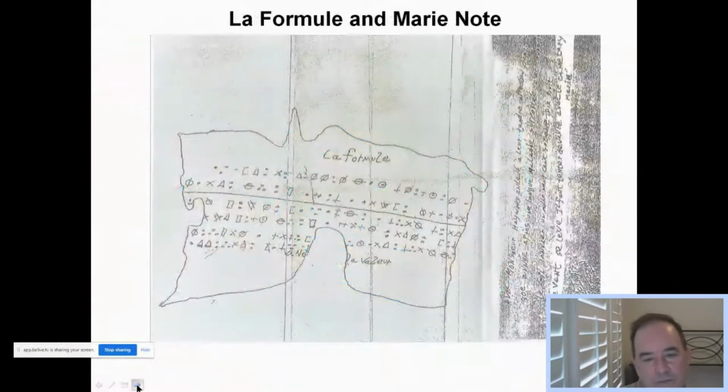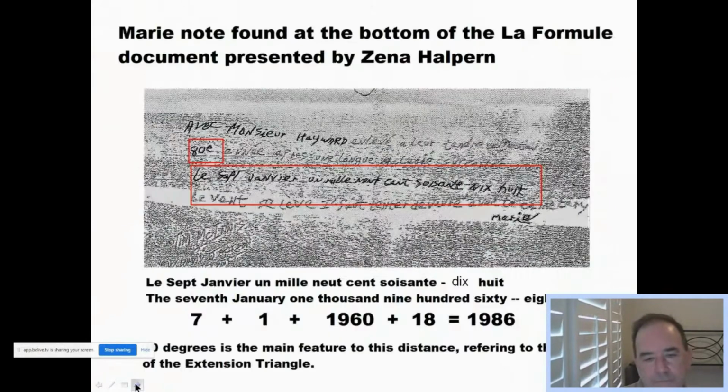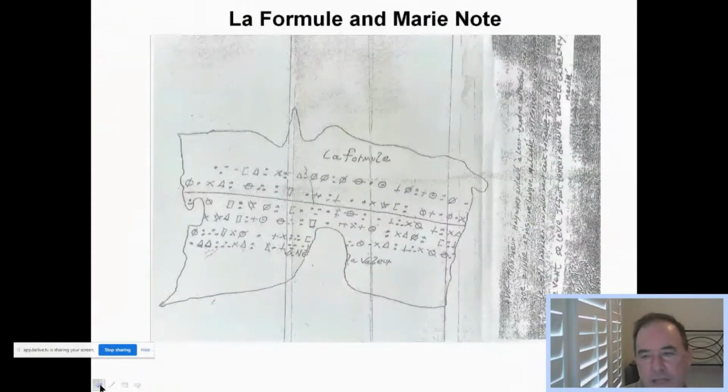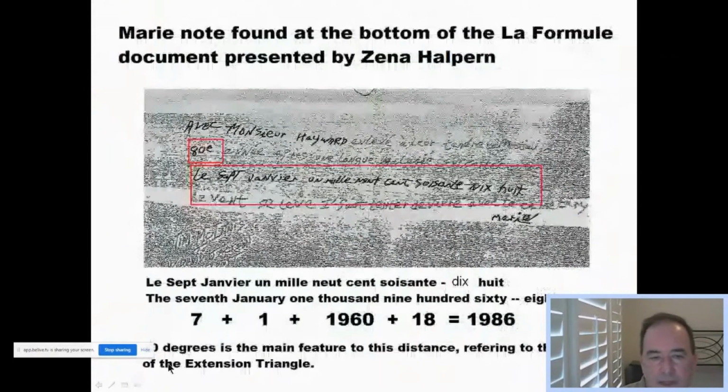Then we get into La Formula, which is the geometric symbols that create a French message. And on the bottom of this La Formula is this note right here. This note has two things that are important.